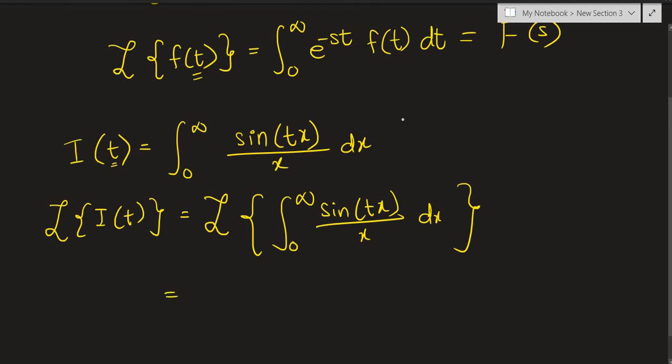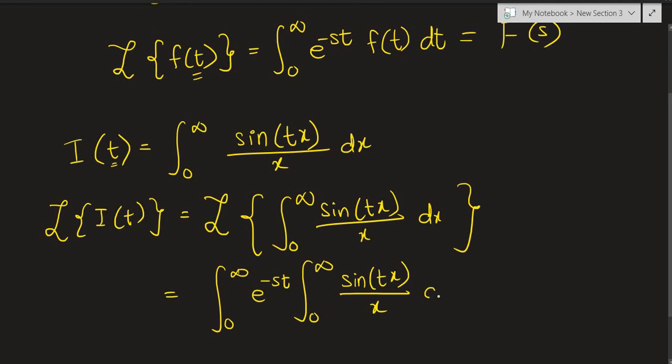And this is going to be, let's use the definition of the Laplace transform. We have integral from 0 to infinity of e raised to negative st, but instead of the function f of t we have this integral, right? The integral from 0 to infinity of sine of tx divided by x dx and an external dt. So here we have a nested integral now.